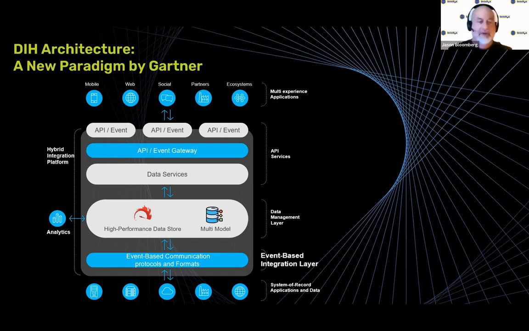So I'll take the first part of this one. When we say loose coupling, what we're really talking about is we have an interface, an API or some sort of interface, and we want to be able to make changes to the underlying system, the system of record, without breaking the consumers.